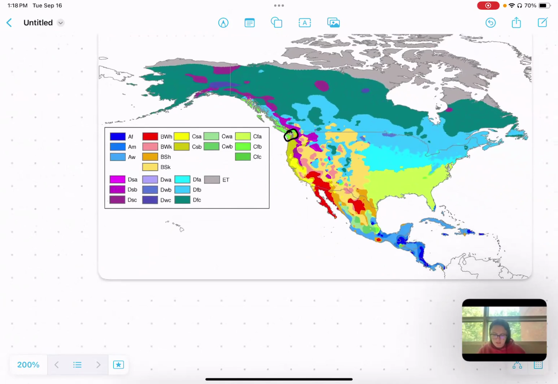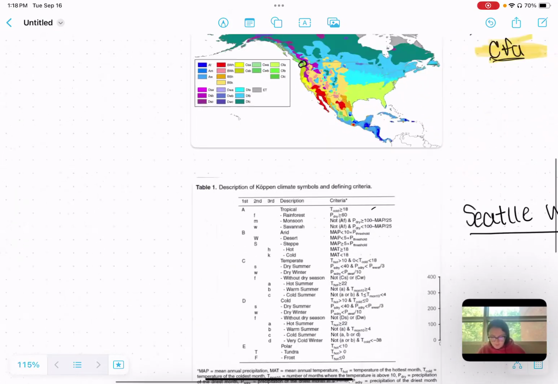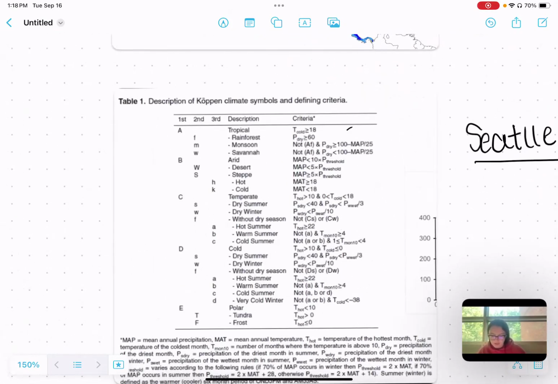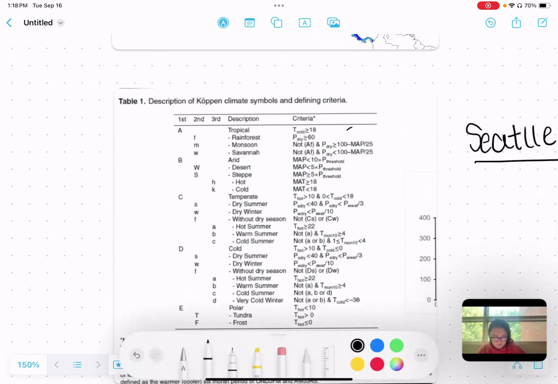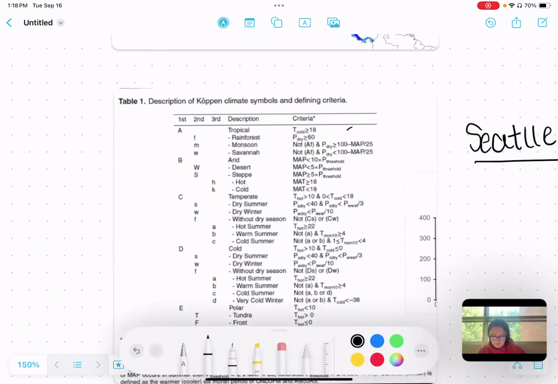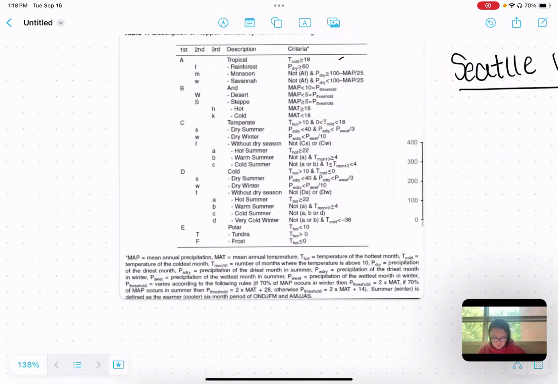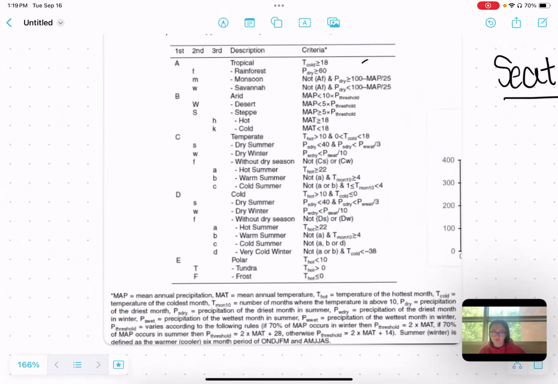So we know it's probably one of those two. But again, we're going to go through this and use a little bit of our intuition to help us figure this out. Just like last time, we know for starters that it's not a polar region. You're going to be hard pressed to find anywhere on the continental United States that's going to be an E.